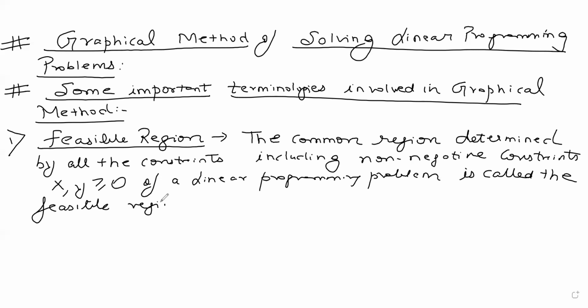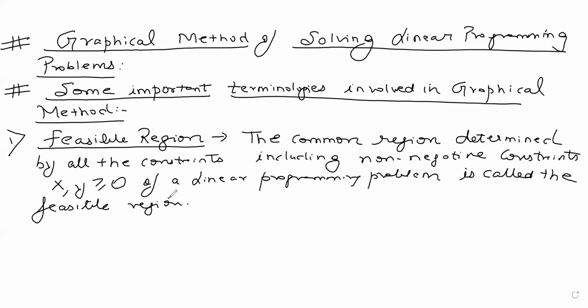So guys, that region which you are going to get when you solve all the constraints together, that common region you get by solving and shading all the inequalities, is nothing but your feasible region.